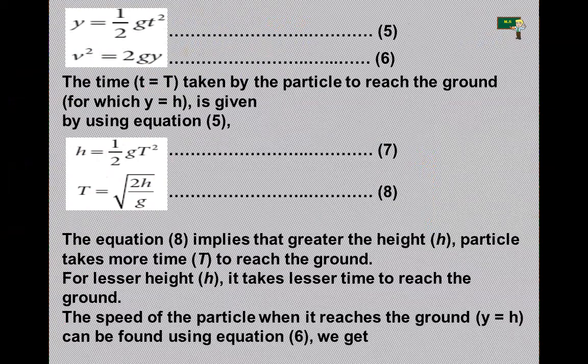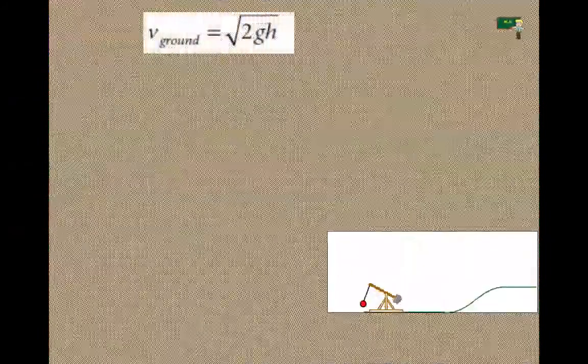The speed of a particle when it reaches the ground, y is equal to h, can be found using equation 6. v square is equal to 2 into g into y. Here y is h and g is the acceleration due to gravity. So v ground is equal to root of 2gh.